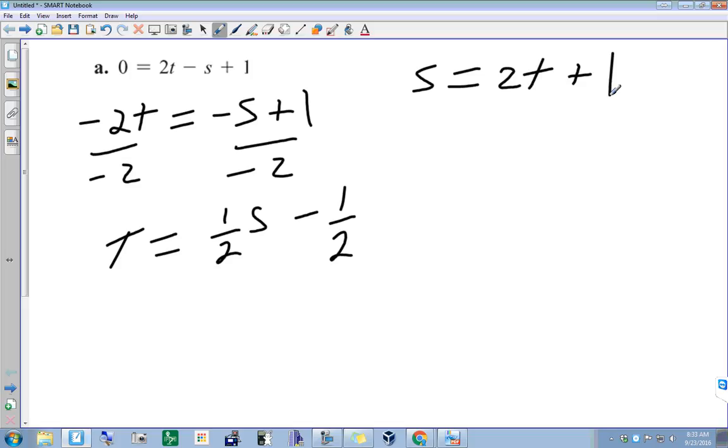Just bring the s over from the other side. Is this in the form of a linear function? No. This means that s is dependent upon t. So unless we're given more information, or we're given some more guidance, or we see a table of values, we don't know necessarily which one we're working with.